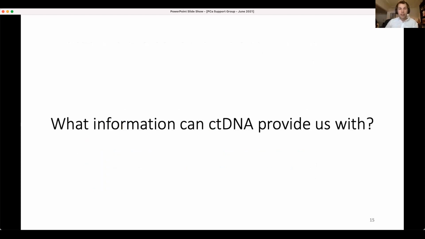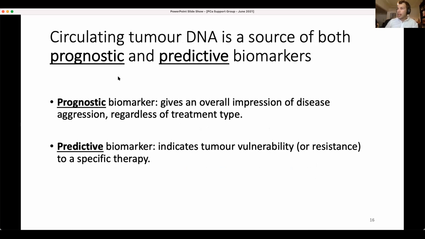So what information does circulating tumor DNA actually provide us in the clinic? In order to talk about this, I mentioned a little bit about biomarkers earlier. So in oncology, there's two types of biomarkers that clinicians really care about. And these are called prognostic biomarkers and predictive biomarkers.